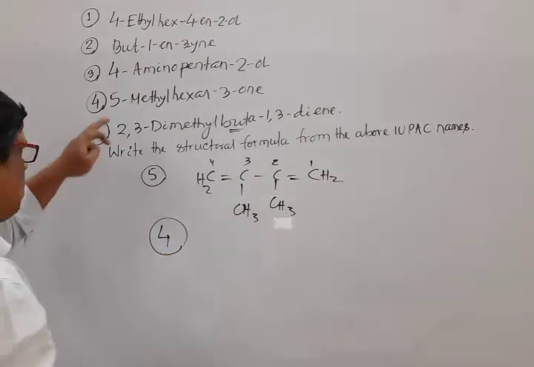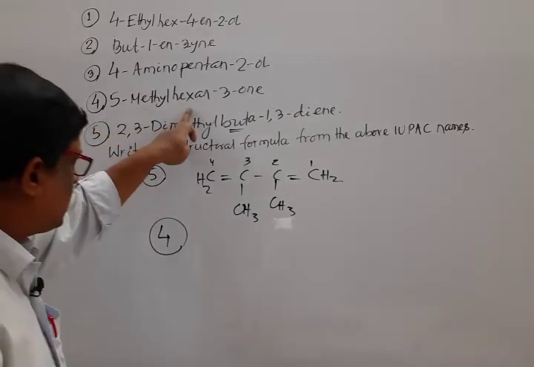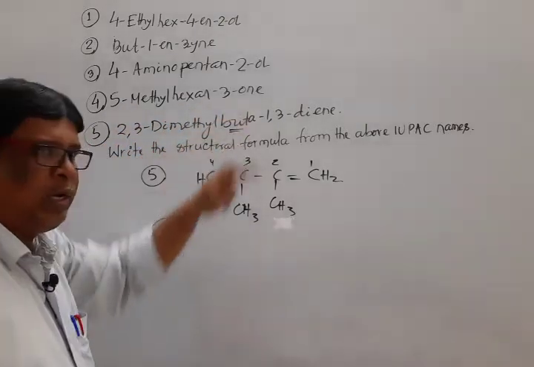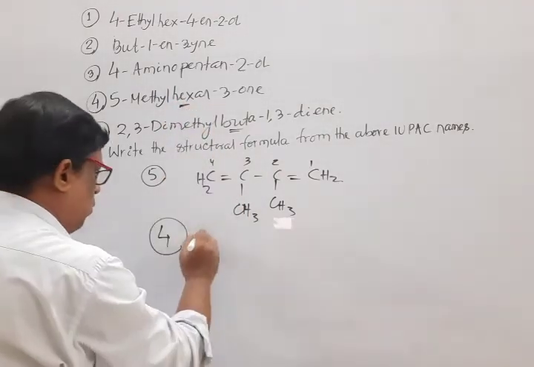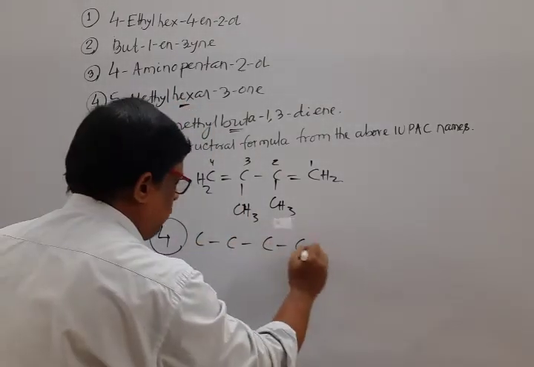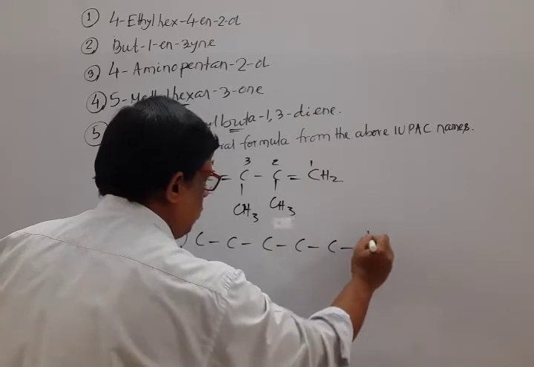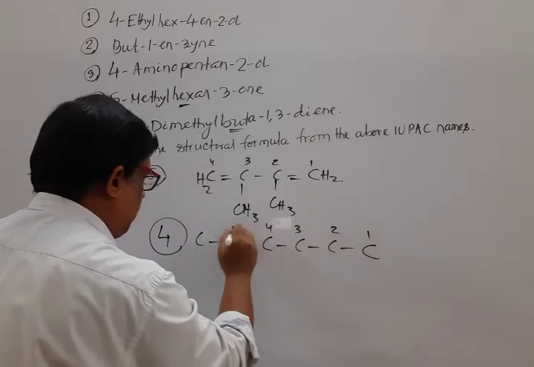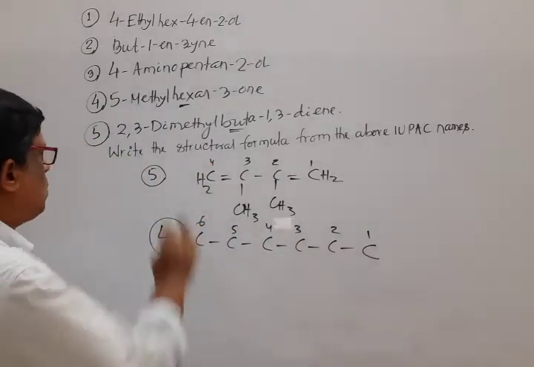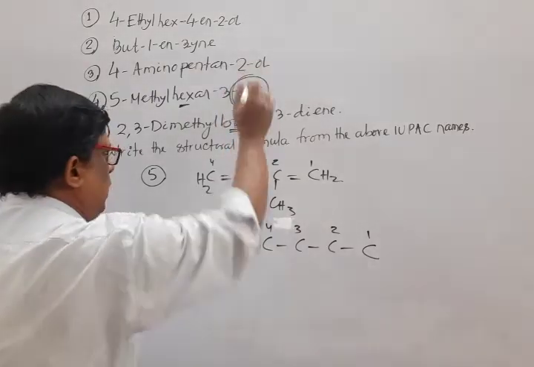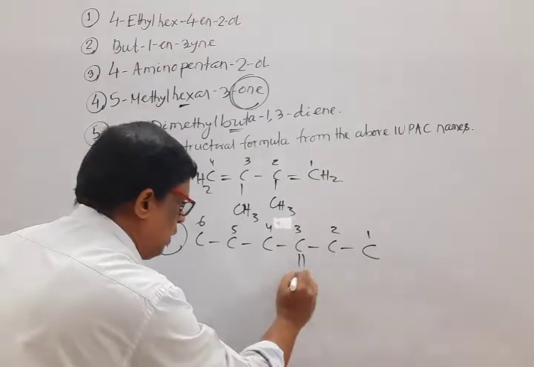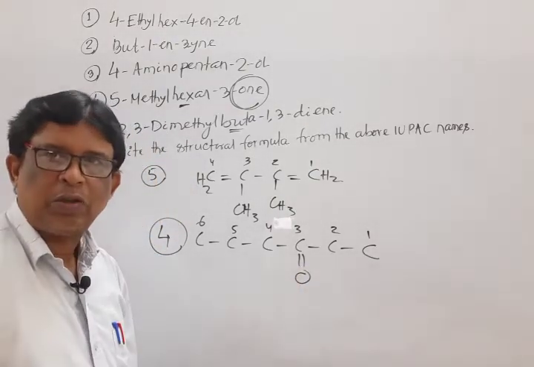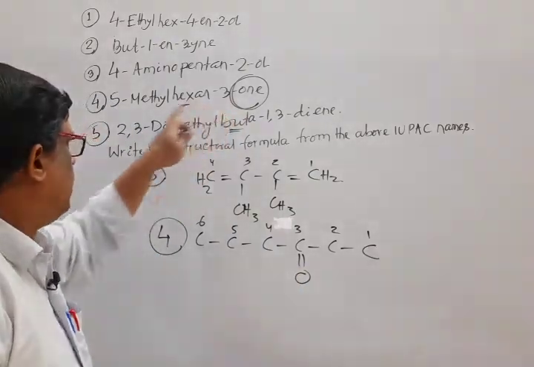Next one is 4. Mark that. 5-methyl hexan-3-one. So which was the root word? Hex. 1, 2, 3, 4, 5, 6. Any functional group is there? ONE. ONE means ketone at 3 position. It is the principal functional group behaving as suffix. Any substituent?